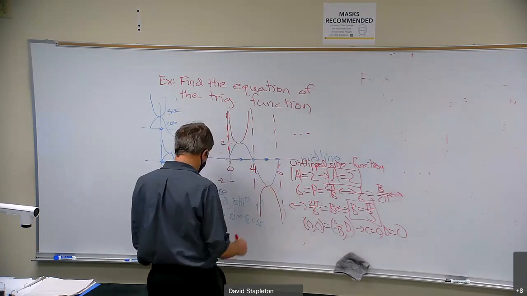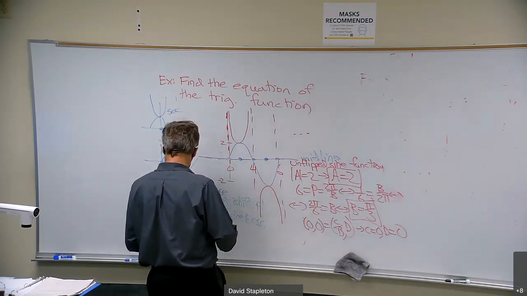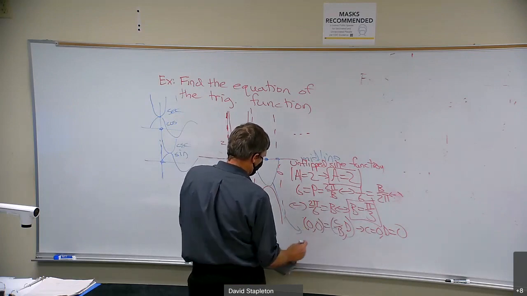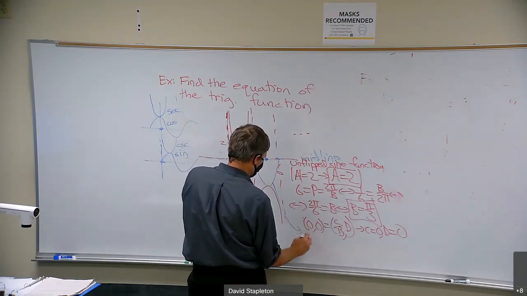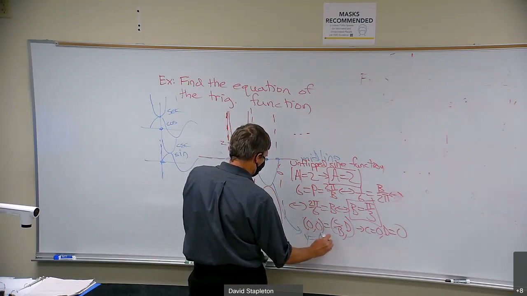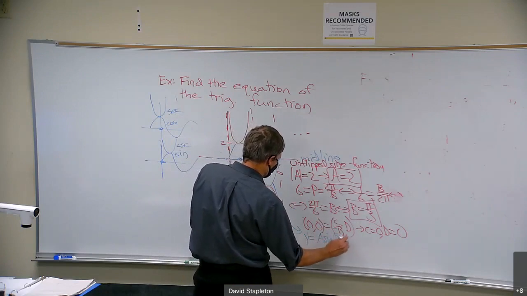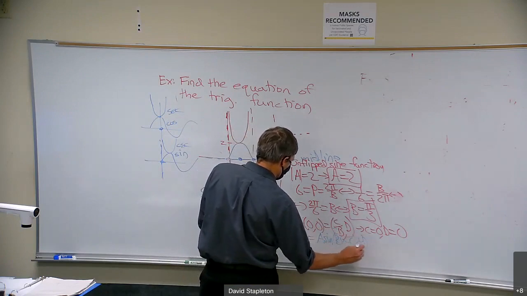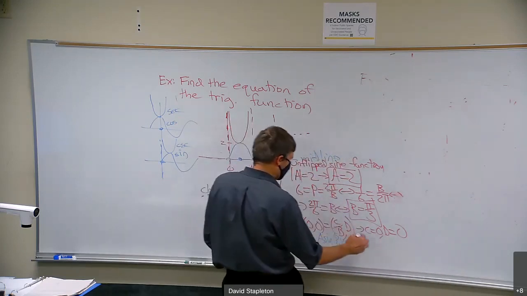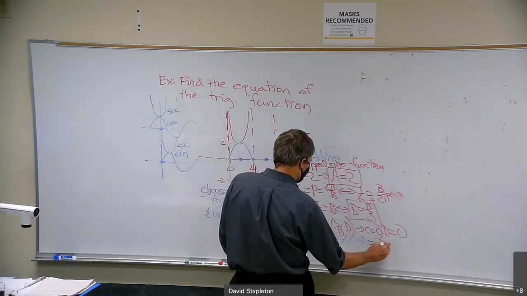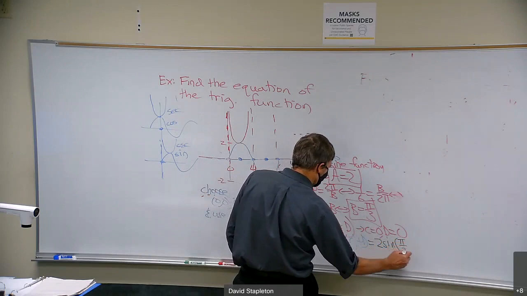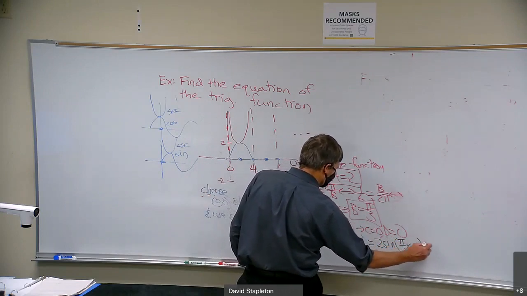And the wave here, the blue one, has the equation y equals A sine (Bx minus C) plus D. With this ABCD, it's twice sine of pi over 3 x minus 0 plus 0.